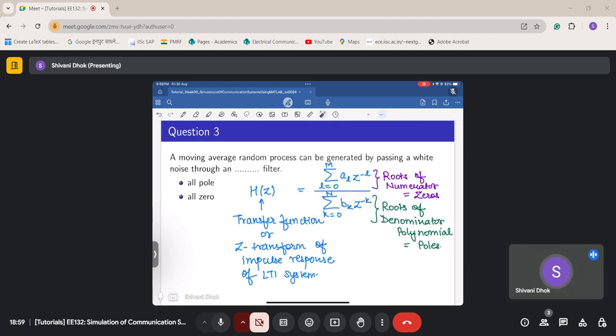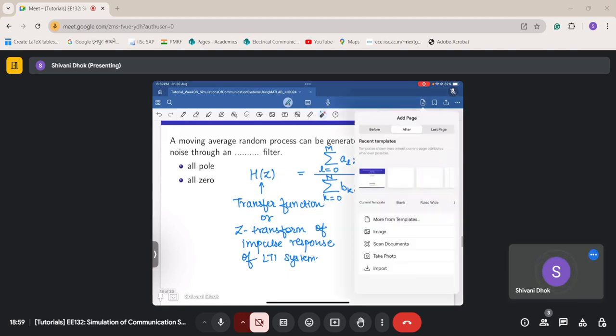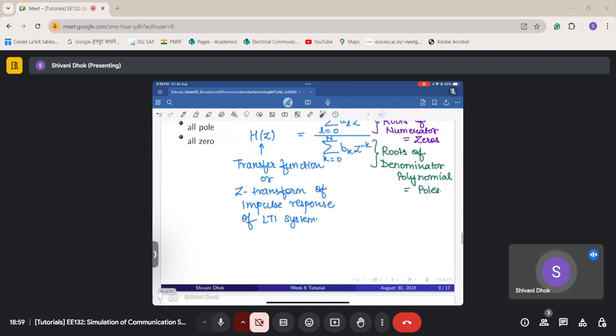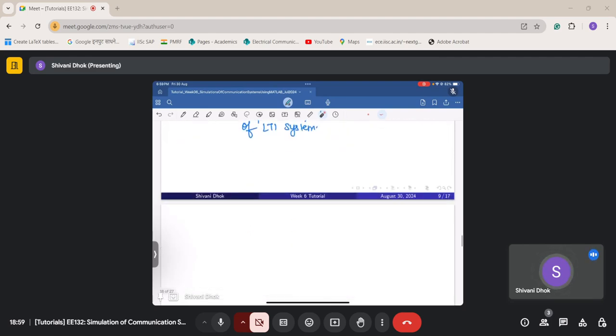So it's like a pole, it's shooting its value to a very large value like infinity. That's why we call these roots of the denominator polynomial poles. So now we know what are poles and zeros of a transfer function.